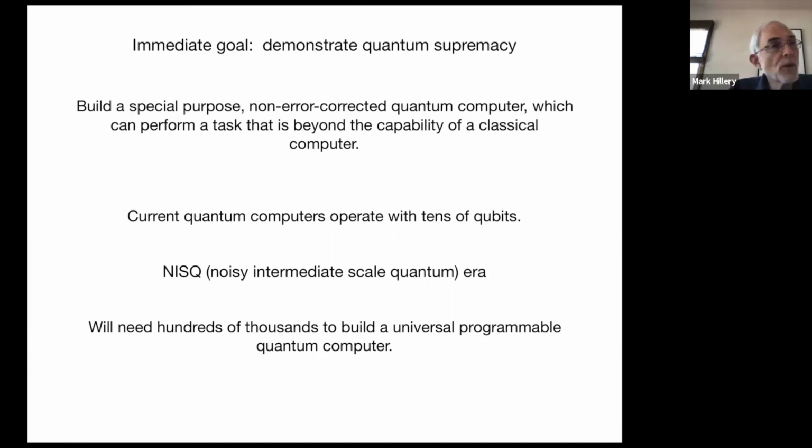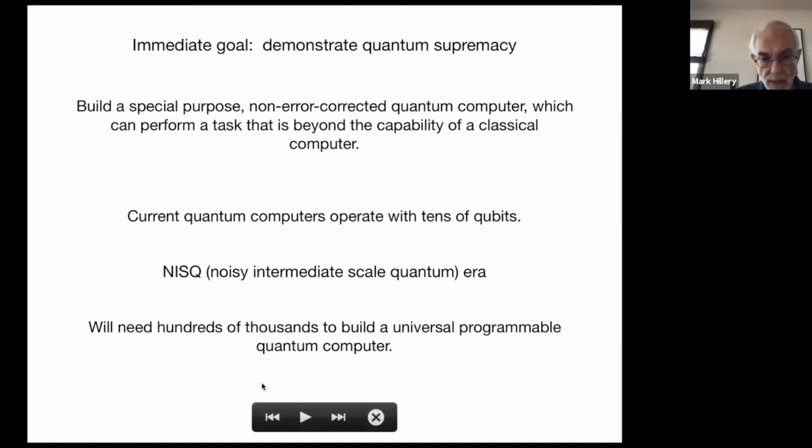And in order to build an error-corrected quantum computer that will actually be able to run, say, Shor's algorithm or something, well, I said hundreds of thousands here, but it's probably more like millions of qubits to make a universal quantum computer. And so we're still very far from that, but it still very well may be possible to do something interesting even at the NISQ level, but we have to see.